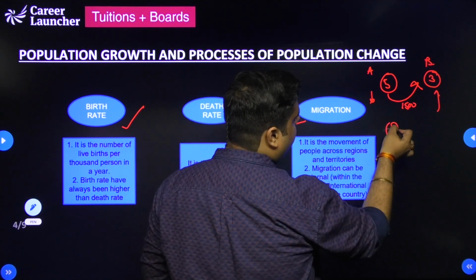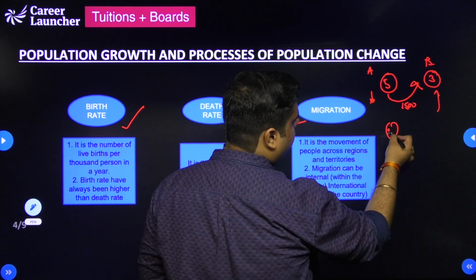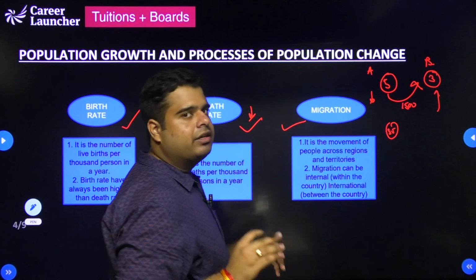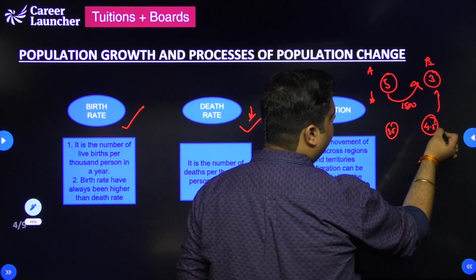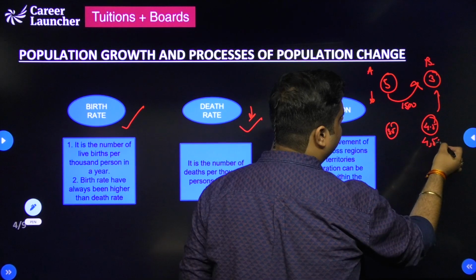The new population of A becomes 3,500, and the population of B becomes 4,500.